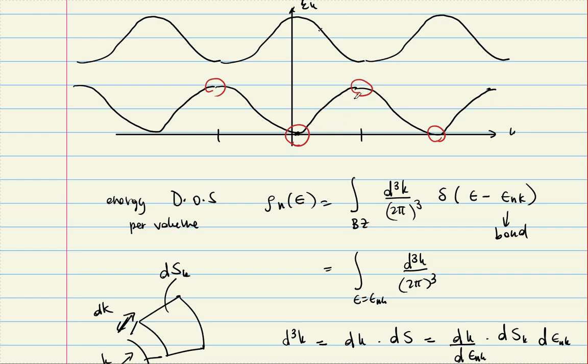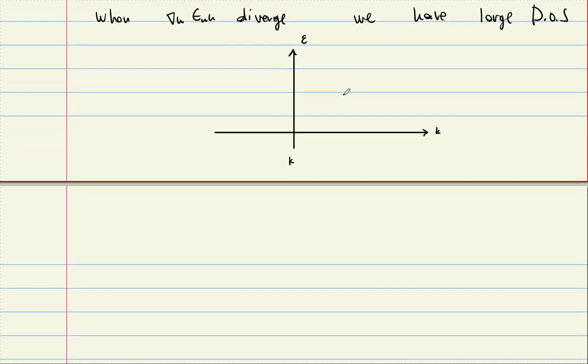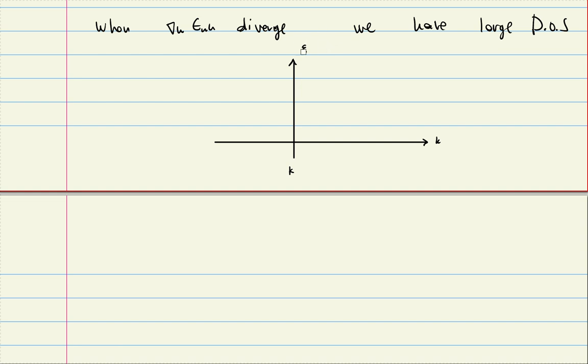This is a one-dimensional picture. In 2 and 3 dimensions, this is generally happening at the Brillouin zone boundary. What happens is that this is not E, but this is rho n of E. There will be a divergence of the density of states, and it's going to come back. And this is what we call a van Hove singularity.